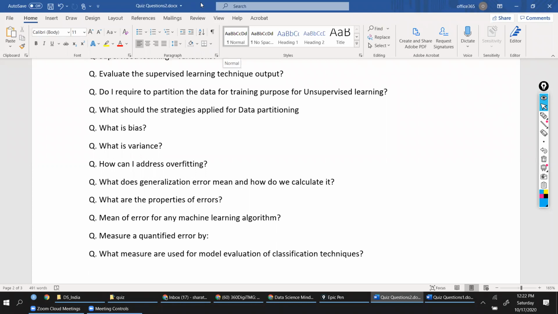To perform model evaluation of classification techniques, we use the confusion matrix, because we cannot perform difference on non-numeric data. So we use a comparison approach, and here when we are doing comparison, we apply the confusion matrix.